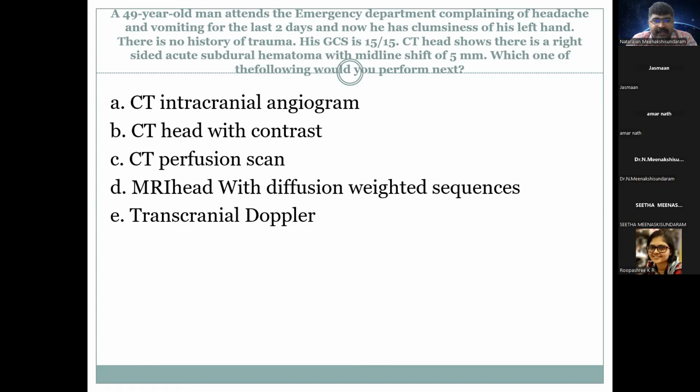So we have a plain CT showing a right-sided acute SDH with a midline shift of 5 mm, which is spontaneous. There is no history of trauma. So what is your next line of investigation?